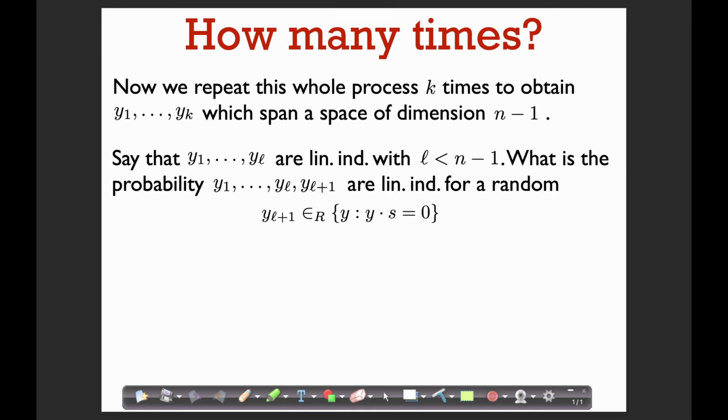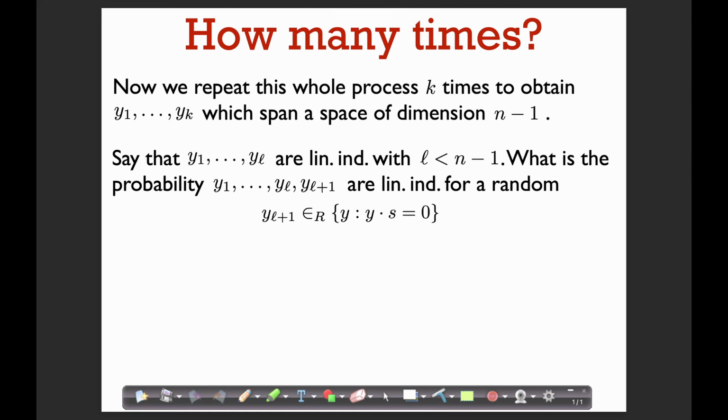Let's see how we can do that. Let's think about this inductively. Say that we've found vectors y1 through yl, and we know that they're linearly independent, and suppose that l is still less than n minus 1.